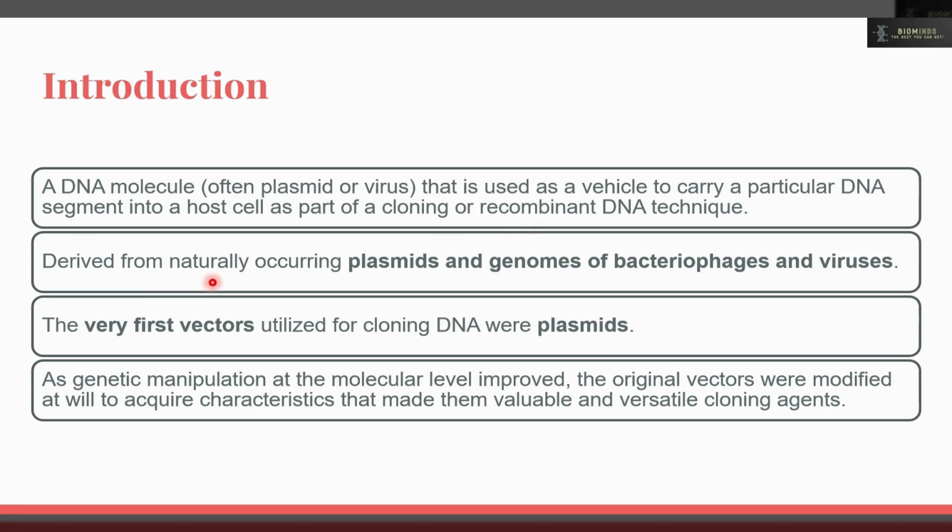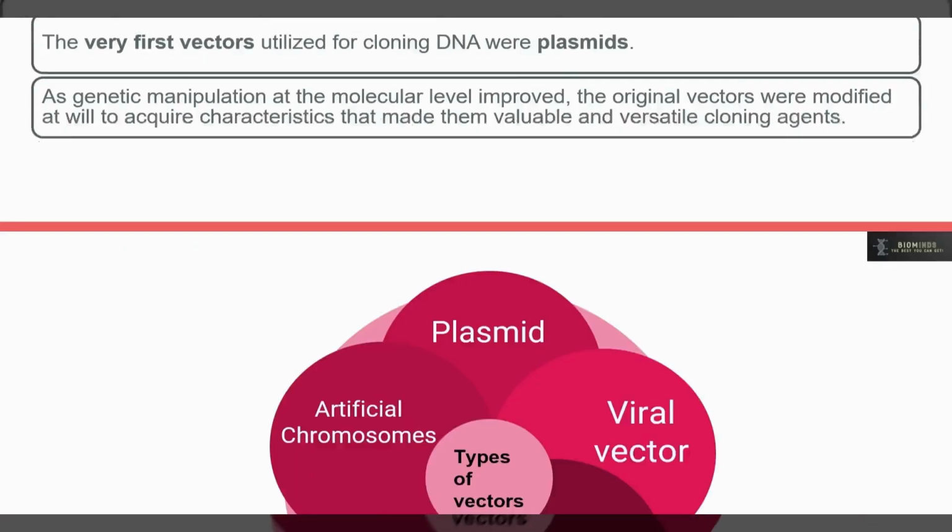It occurs naturally and is present in certain bacteria, bacteriophages, and viruses. The very first vector was the plasmid vector, isolated from bacteria. So today we will discuss the plasmid vector.